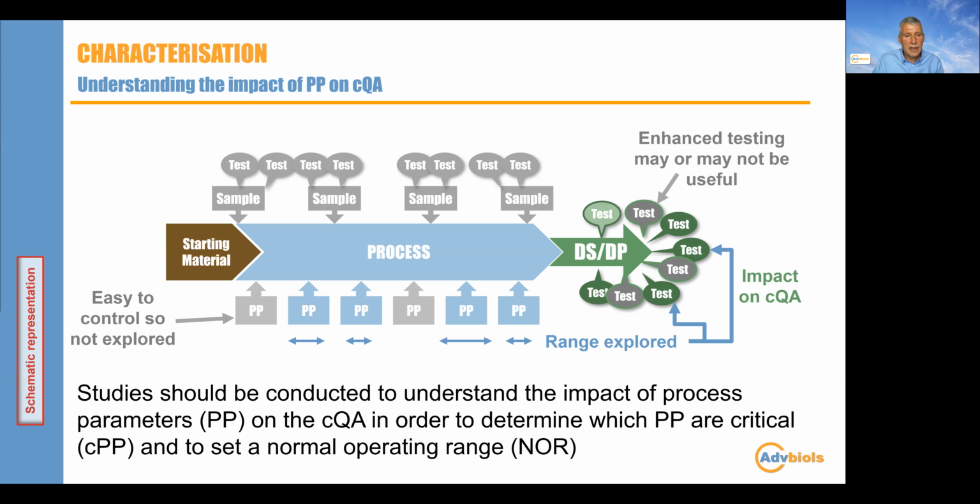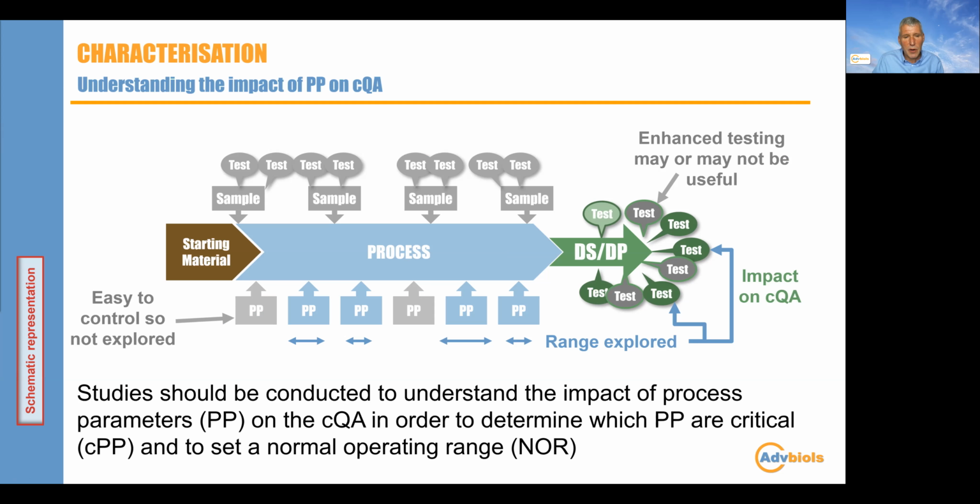And you need an idea of which are the critical quality attributes. That can be difficult to deduce, but you'll have to work on best guesses if you're not entirely sure yet. You'll have to do some sort of risk assessment and guess which are the most critical parameters and which are the critical quality attributes.